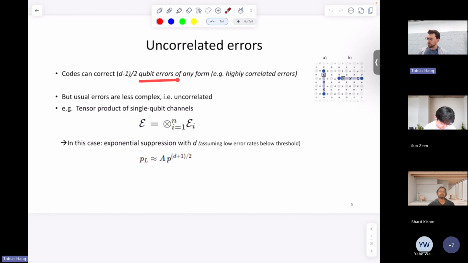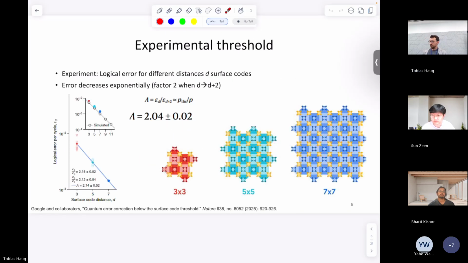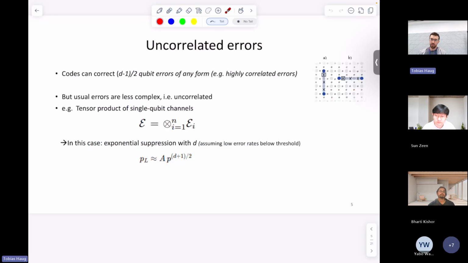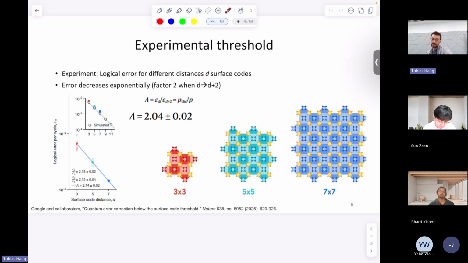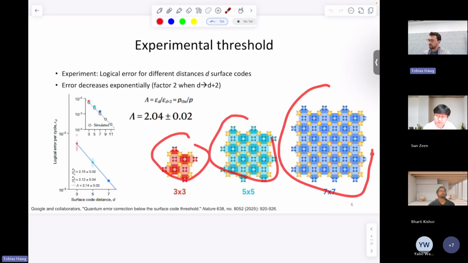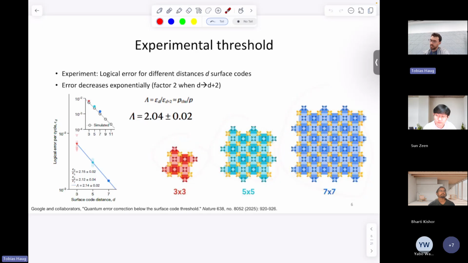Instead, we have a different paradigm, where we have this kind of threshold behavior. Now, you can ask, is this actually something real? Well, this was demonstrated in experiment. In an experiment performed by Google, which was published this year, they studied the surface code for different code distances. They had a distance 3 surface code, distance 5 surface code, and distance 7 surface code, and they scaled up the system.